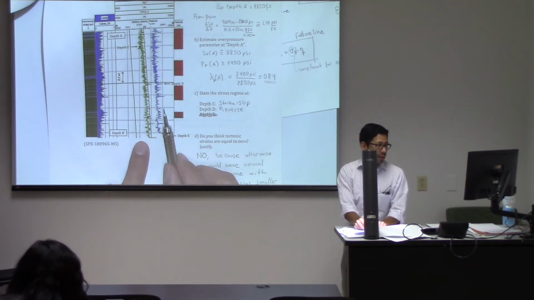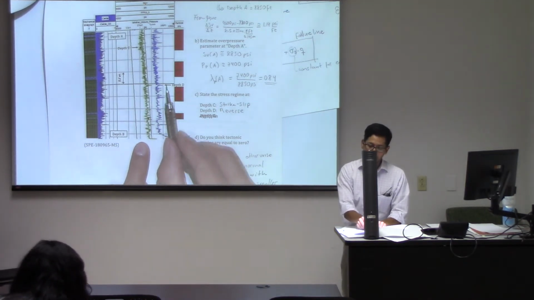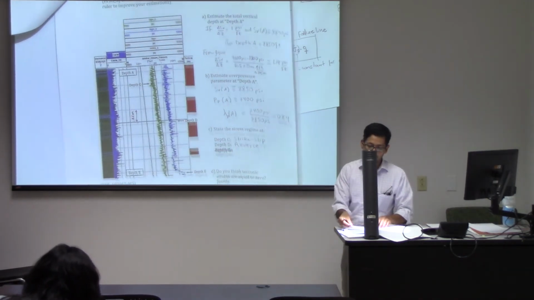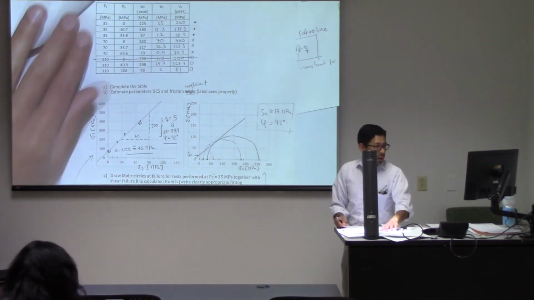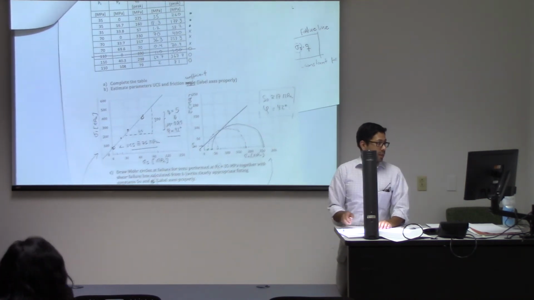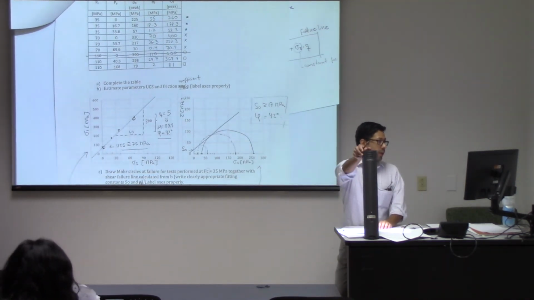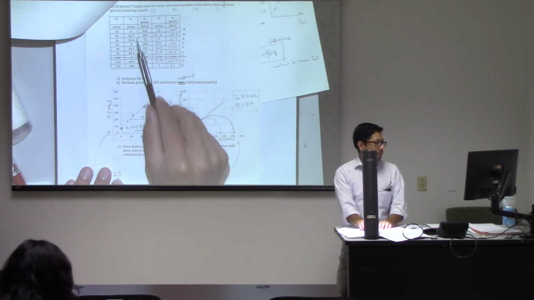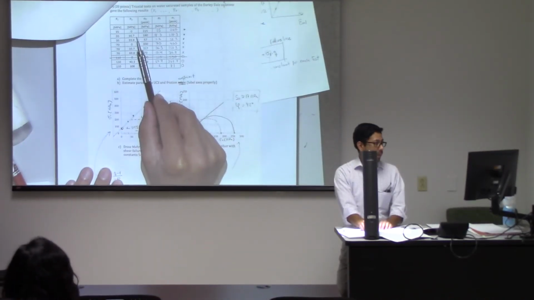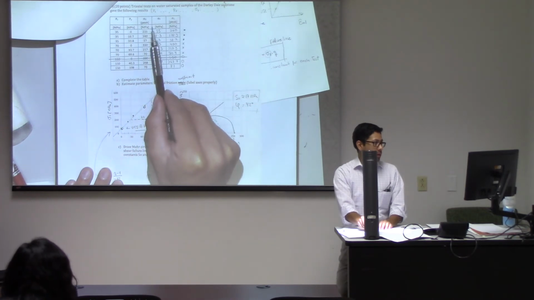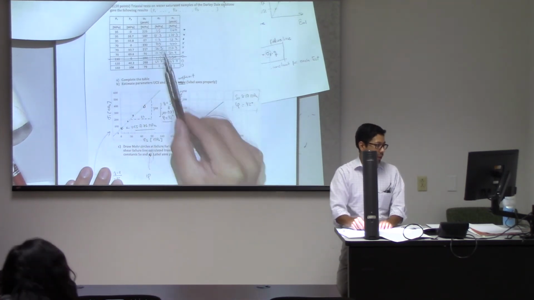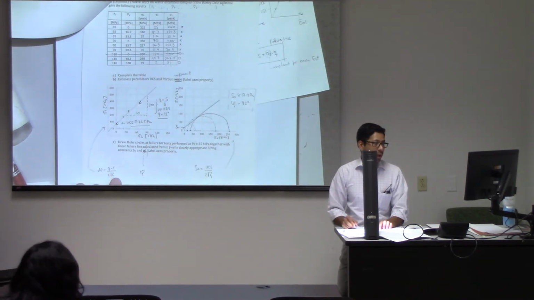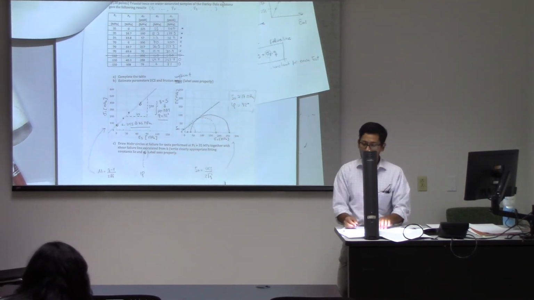And even more in this case, the horizontal stress is higher than the vertical stress, so that means that there is actually a compressive tectonic strain. And the last one is very similar to the one before. And you have pore pressure, and you have to calculate sigma 1, sigma 3, plot all of those in a line, and do the same thing that was required in the other one.